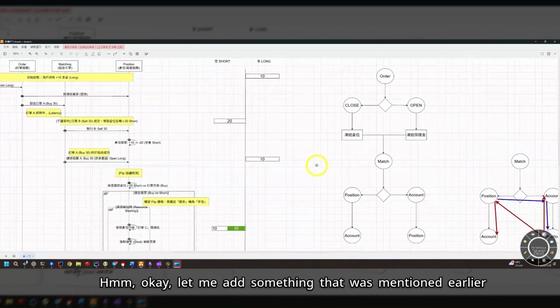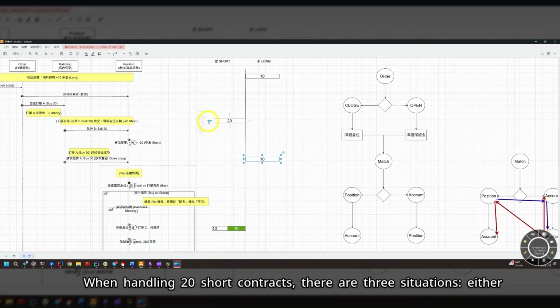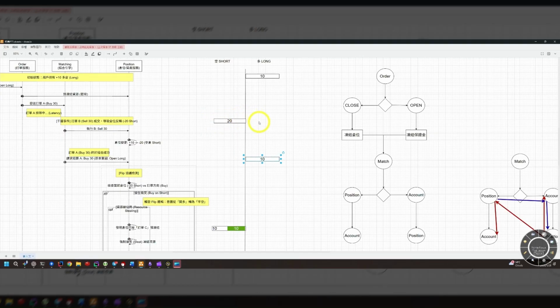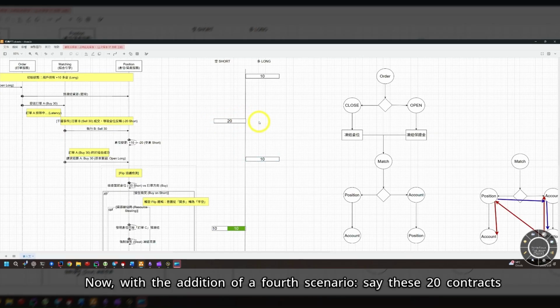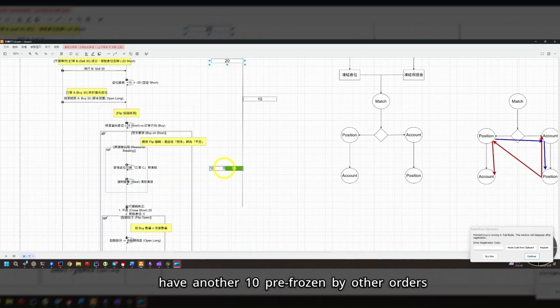Okay, let me add something that was mentioned earlier. When handling 20 short contracts, there are three situations: either close the position, close completely, or open in the opposite direction. Now, with the addition of a fourth scenario, say these 20 contracts have another 10 pre-frozen by other orders.